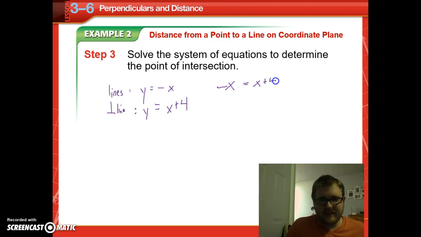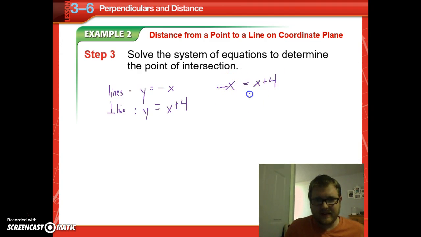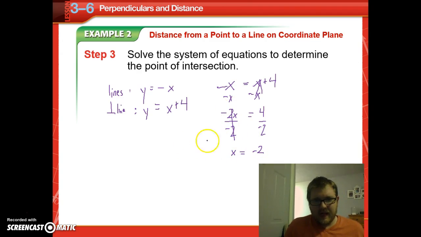If we subtract x from both sides, we get negative 2x equals 4. Divide both sides by negative 2. We get x equals negative 2. The point where x equals negative 2, we can put that back into either one of our equations.